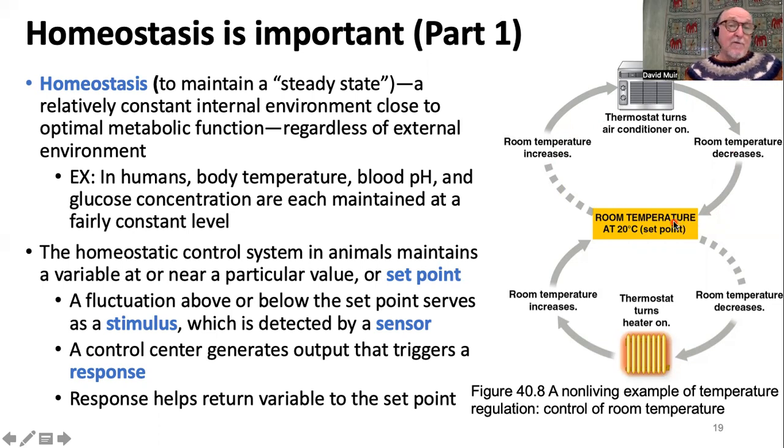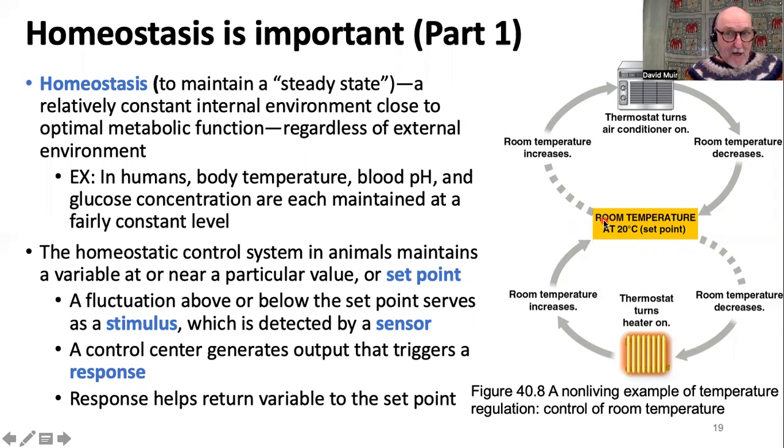But if it runs too hard, and it begins to lower the room temperature, then the room temperature falls below the set point, and there is a response. The thermostat now turns the heat on and raises the temperature up to the set point.